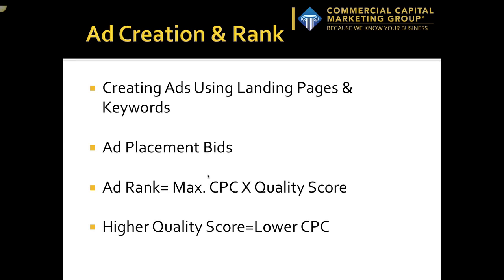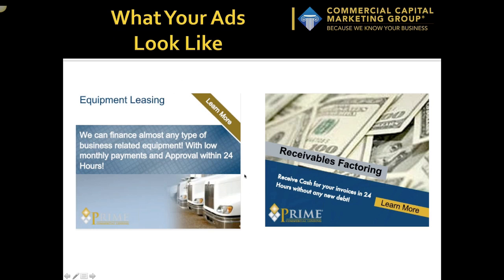The benefit of having a higher quality score on your ads is the CPC cost goes down. So the higher quality your website is and the higher quality your ads are, the lower CPC you're going to pay, which doesn't everybody love? You can save money.